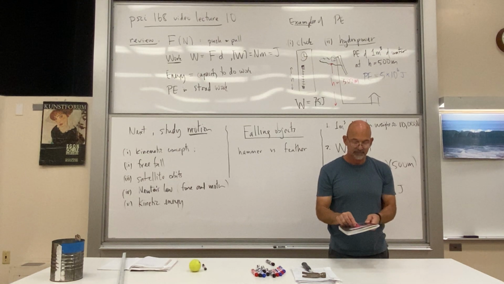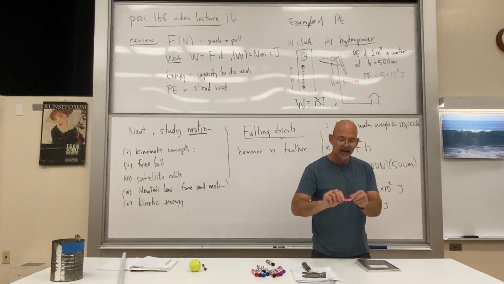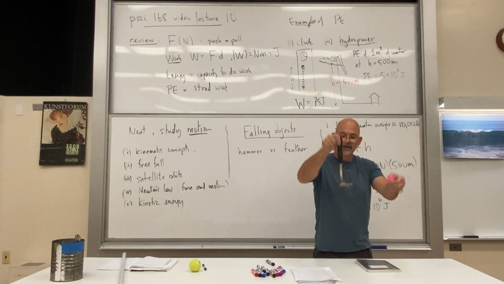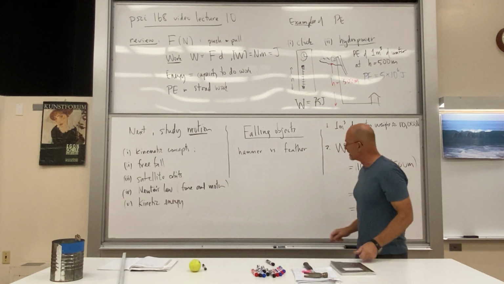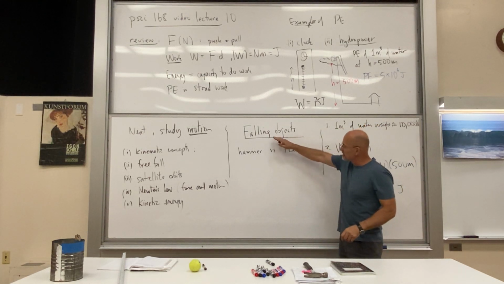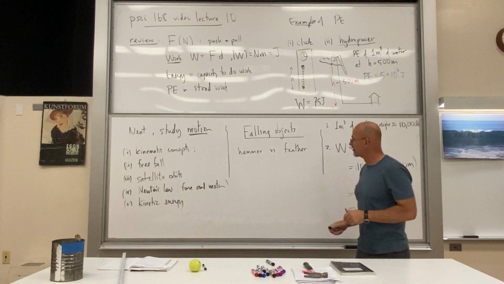So if you were to take a feather to the moon, where there's no atmosphere, it would actually fall straight down with the hammer. Hard to believe. But this demonstration is so important because we can say that things actually do fall the same. There is a law of free fall.